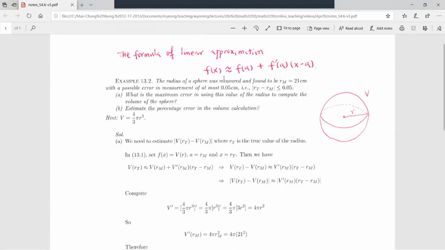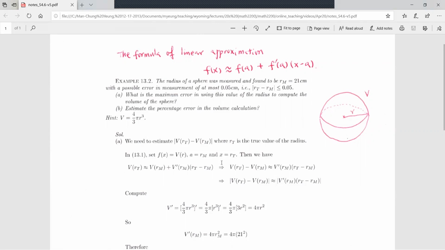In this formula, we need to determine function f and the point x and the point a. For function f, I set f to be the volume. Volume depends on r. It is a function. And for the point a, I set Rm, 21, for the point a. For x, I set the true value of the radius RT.